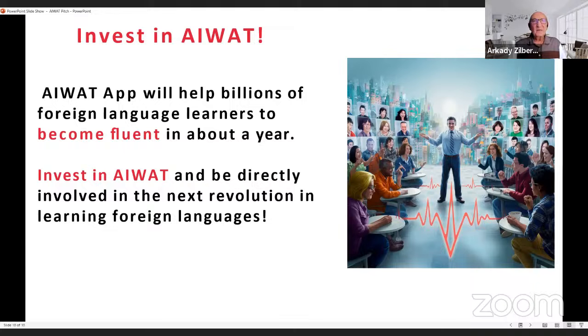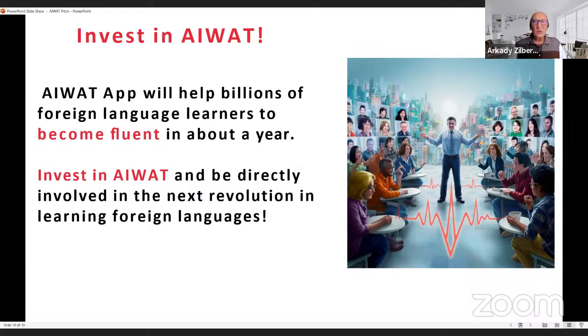However, to make it a really great contribution to the language industry, we must create a commercial product. And I hope that some of you have access to those companies or entities who would be interested in investing by creating a commercial product based on AIWAT.